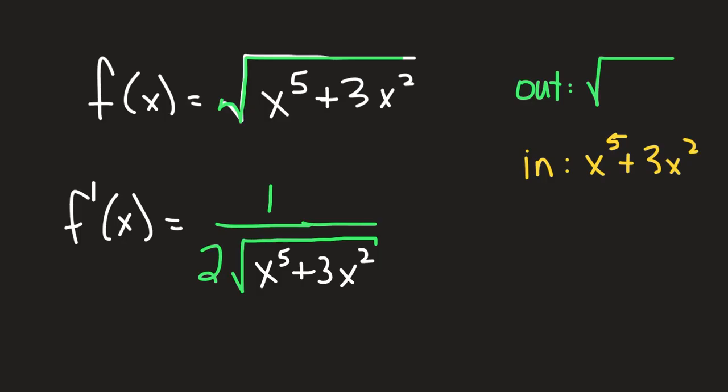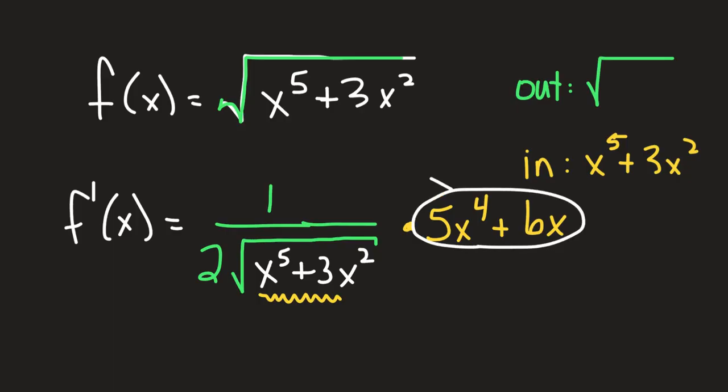And now to apply the chain rule, we multiply that by the derivative of this stuff underneath your function, which is 5x to the 4th plus 6x. That is the derivative of x to the 5th plus 3x squared. Now when we simplify this, our 5x to the 4th plus 6x is basically going to become the numerator of our function here.